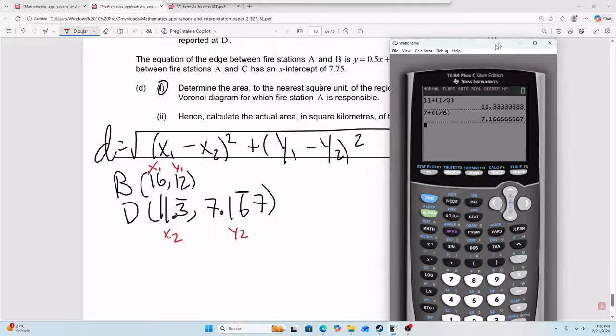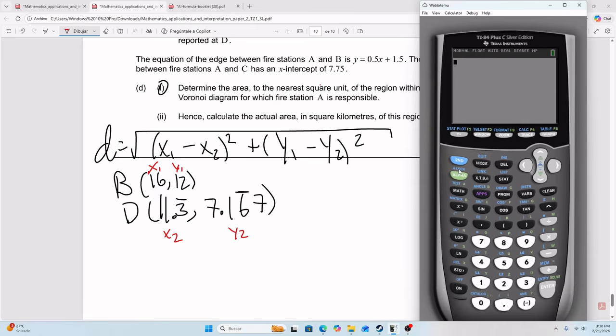So plugging into our distance formula, we have that the square root of 16 minus 11.33333333, squared, so that's this first part, plus y1, which is 12, minus 7.16 repeating, that ends in 7, squared will give me the distance, which looks like that.